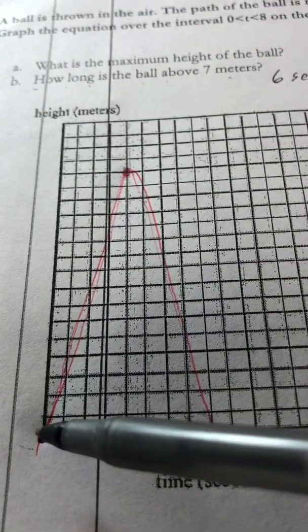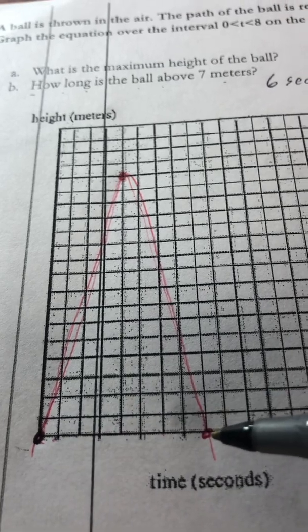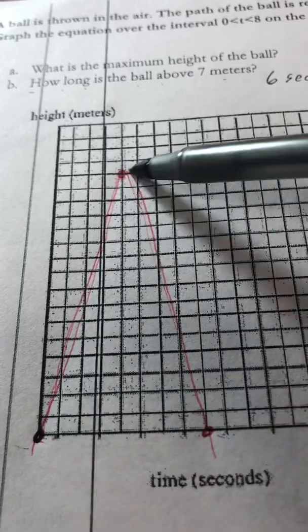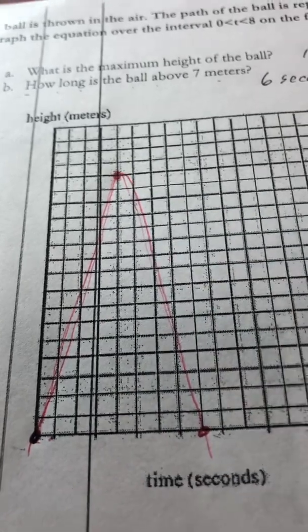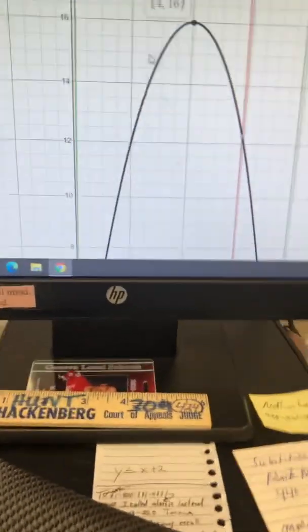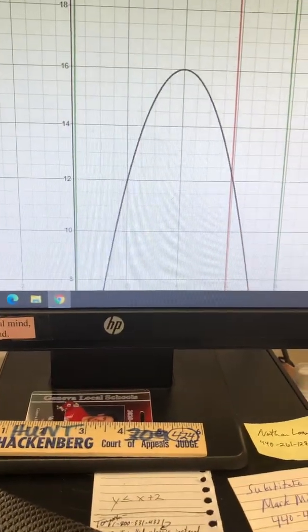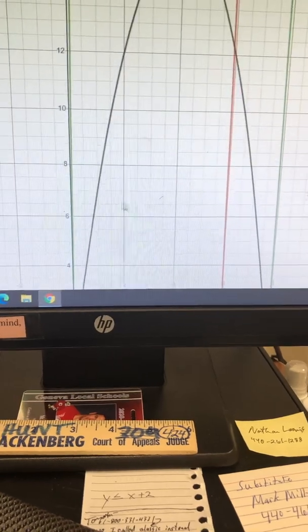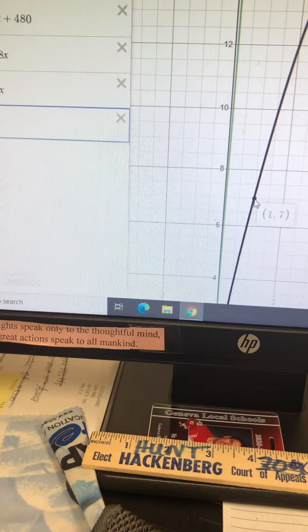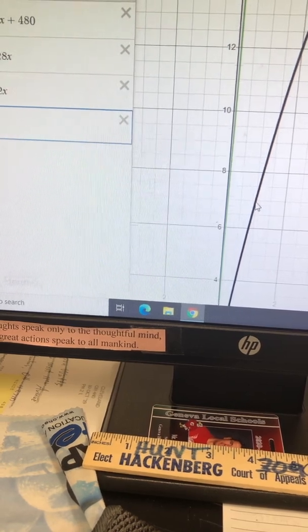So it went from 1 till 8 seconds, and it went all the way up to 16. My graph isn't the best. So how long is it going to be above 7 meters? Let me go back down here to 7. If you find 7, it's right there. Okay.